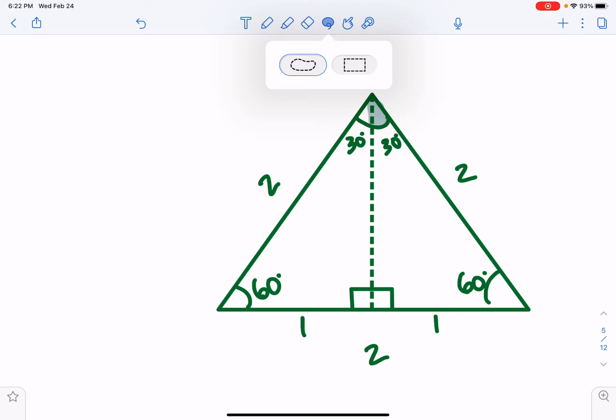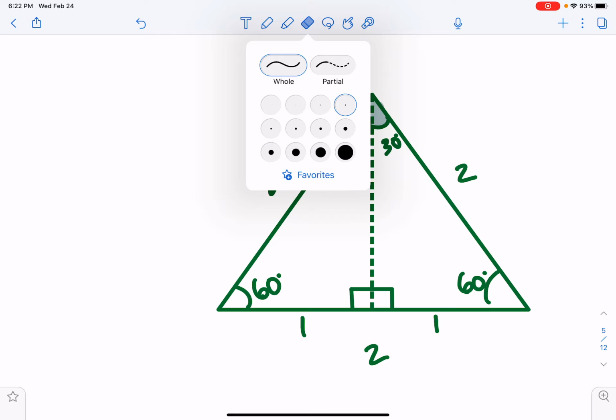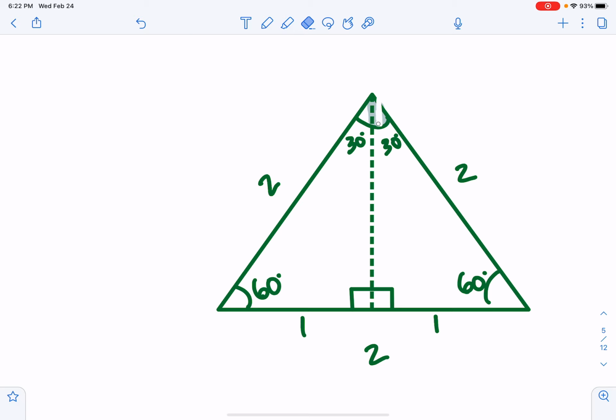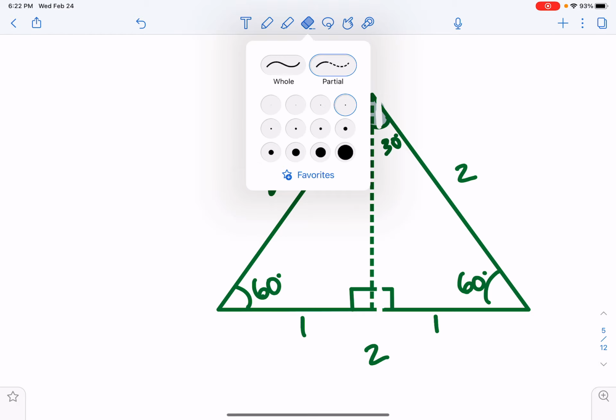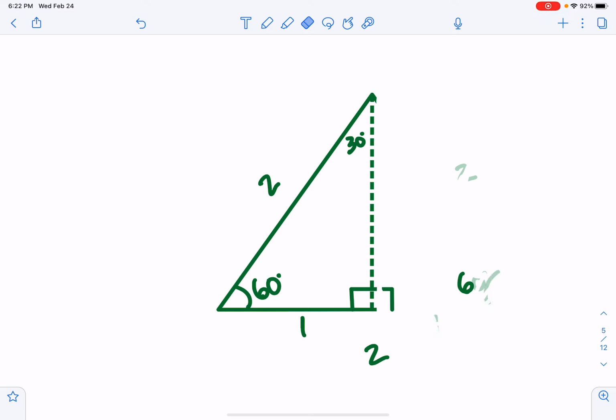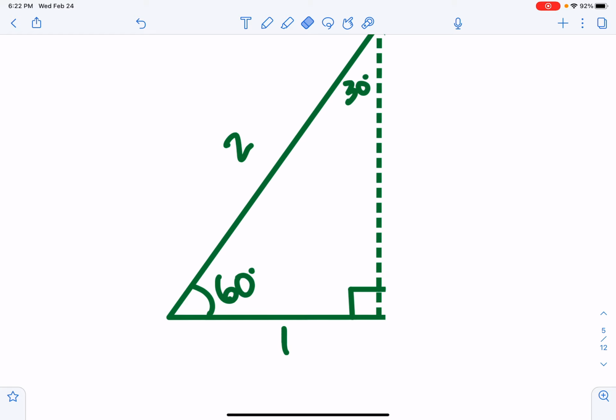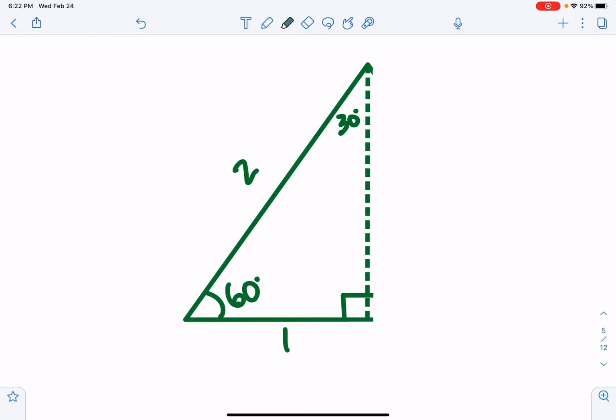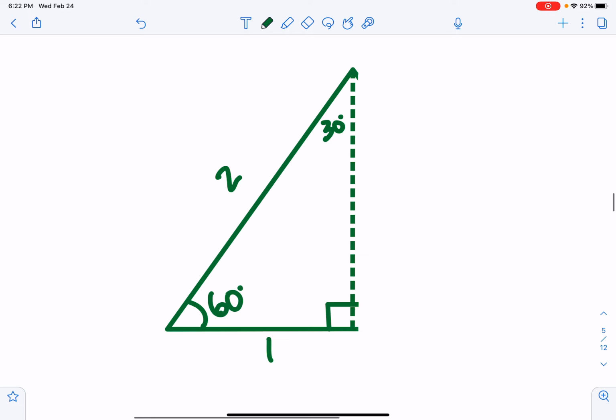So when I go back and, like I was saying earlier, if we just look at half of it, then we have this side, which is 1, this side, which is 2, and this side, which we don't really know, but we could do Pythagorean theorem, a squared plus b squared equals c squared.